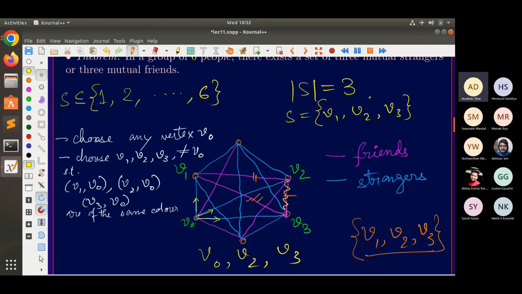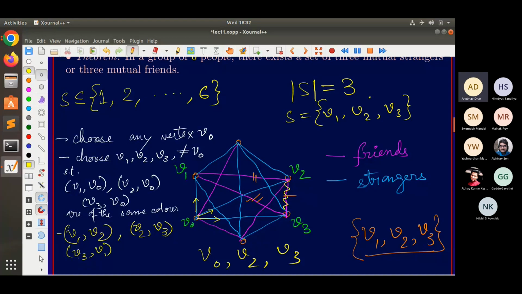In this particular example, this happens to be the color blue, right? Now check these edges, V1V2, V2V3, and V3V1.